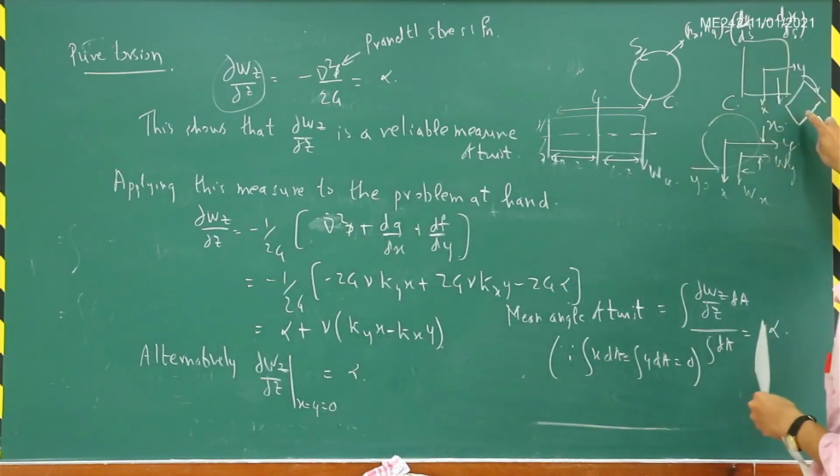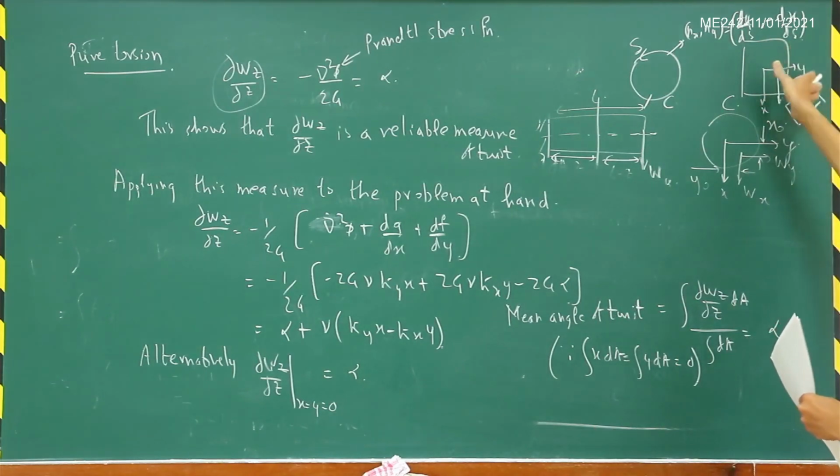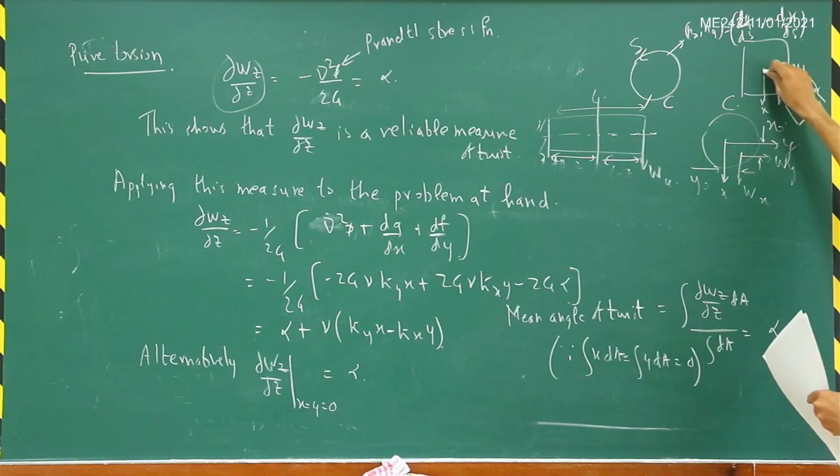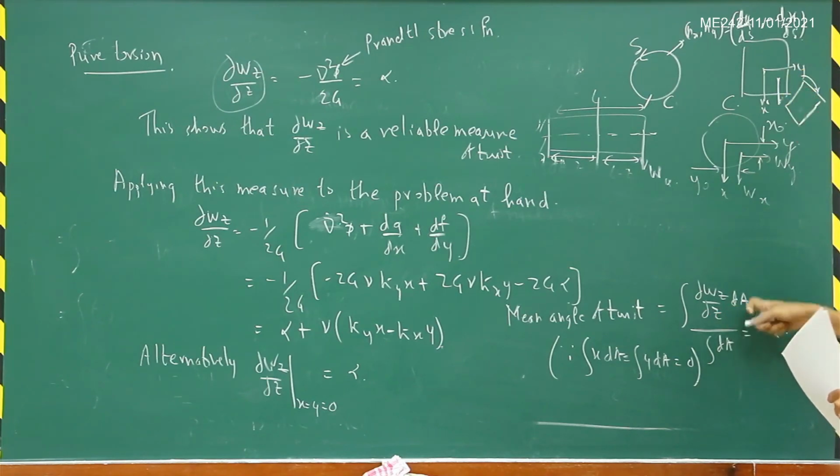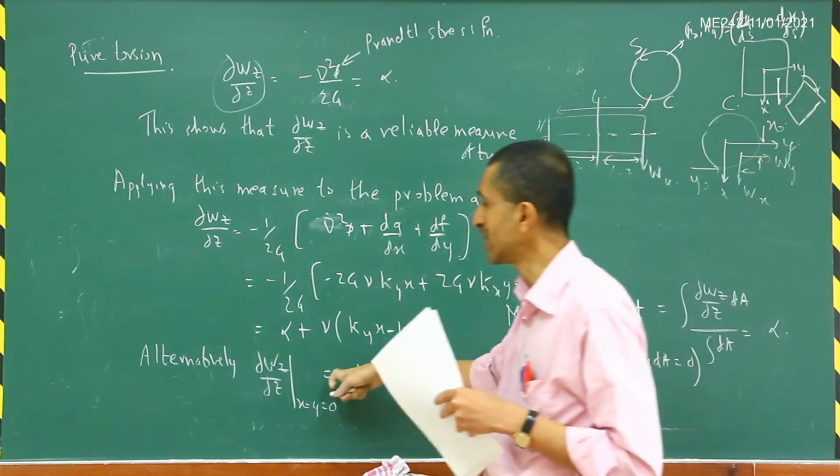So this is the example that I have given, that this cross section will twist if your load is not passing through the symmetry axis. So what is this angle of twist? That is given by this alpha, which represents either the mean angle of twist of the entire cross section or the angle of twist at the origin.